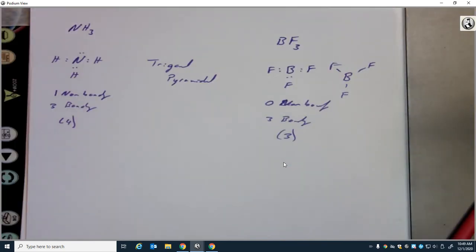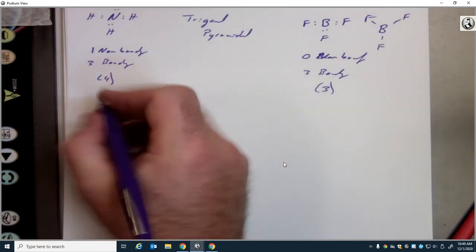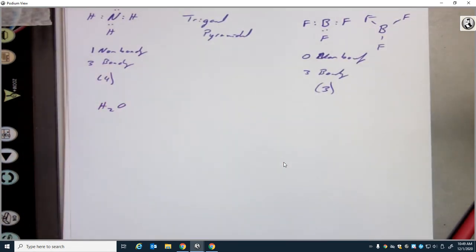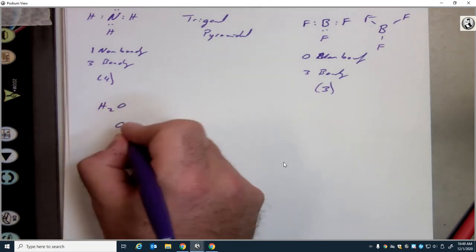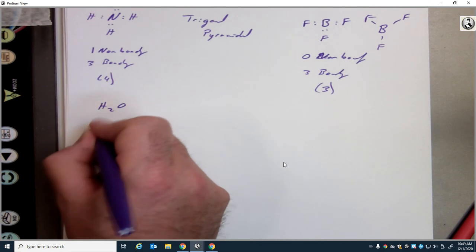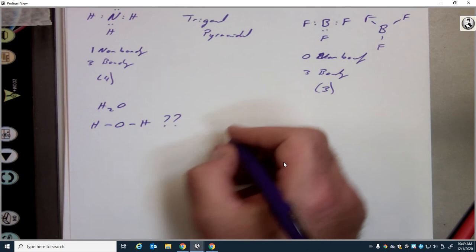Now, just for fun, let's look at H2O. My question is, why isn't water linear? Well, look at what happens here.